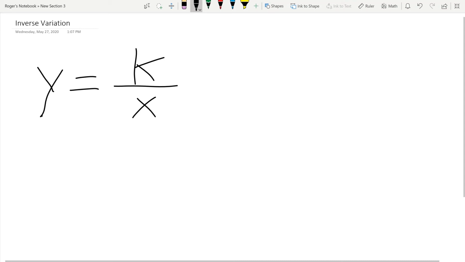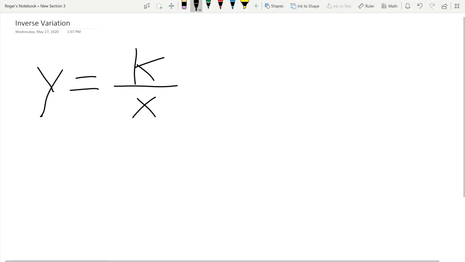The example I just gave you was 5, 50, 500, 5,000 for k, and you saw what happened to the graph. If k is less than 0, if k is negative, remember, it flips it across the x-axis. It gets reflected across the x-axis, and then we get the second graph that I showed you. So y equals k divided by x.